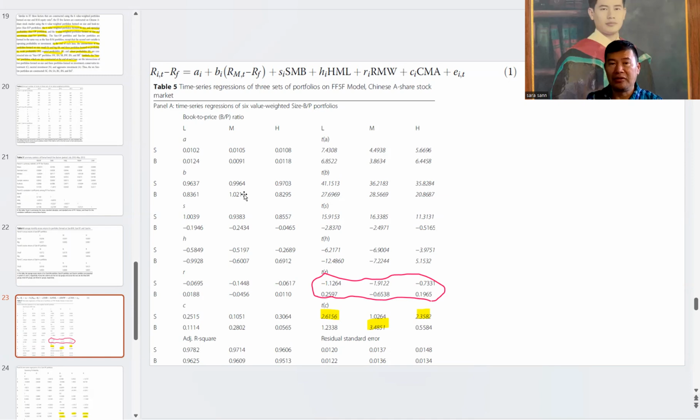This is what coefficient B means, the coefficient of the market excess return.